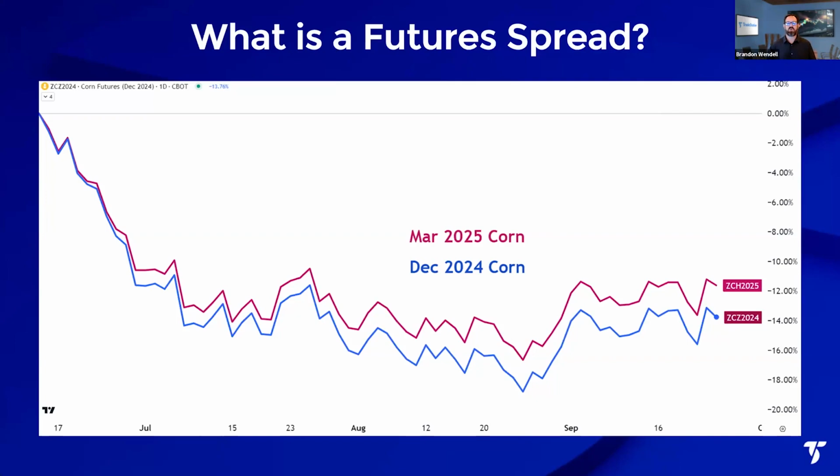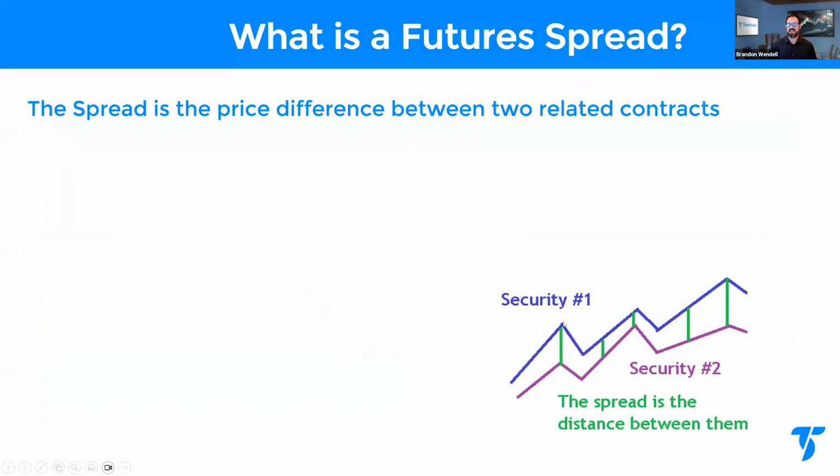You'll notice that corn, December in blue, seemed to move down further and faster than the March corn did, especially earlier in the year. Now they're almost identical, but earlier they were definitely separating, weren't they? That's what a spread is. The spread is that white space between those two. So basically, when we're trying to trade a spread, it is the physical distance between the price of one security and another.